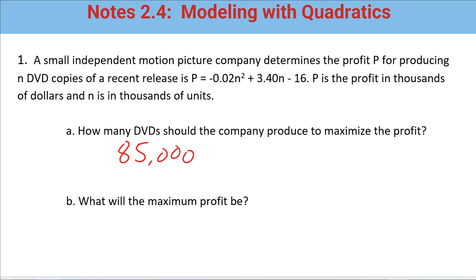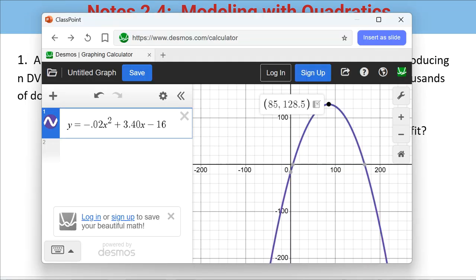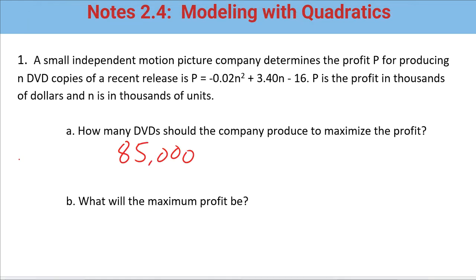And then for that Y value, right, I see 128.5. So 128.5, and they said that that is in thousands of dollars, right? So I would really need to multiply that answer by 1,000, right?